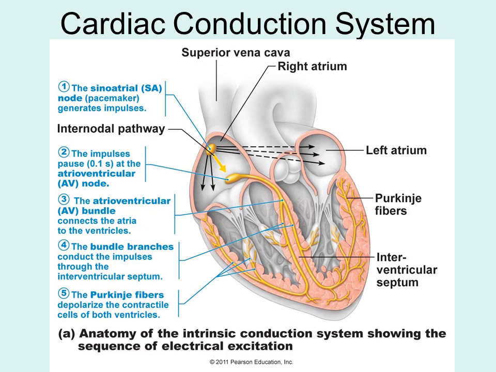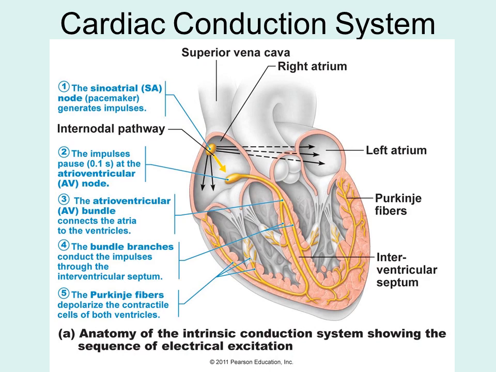Instead, it is triggered by pacemaker cells located in the sinoatrial node, the SA node, commonly referred to as your pacemaker. These are specialized cells that will trigger the electrical impulse that then moves across the right atrium, and some of it passes to the left atrium.